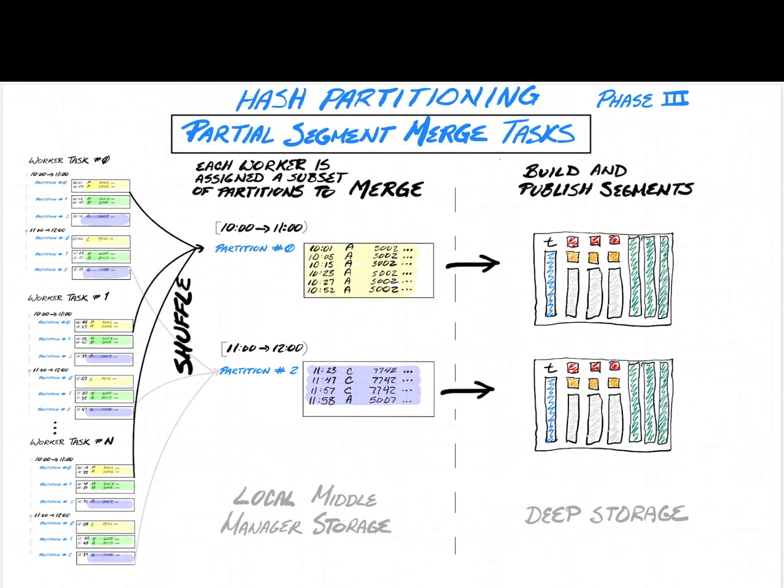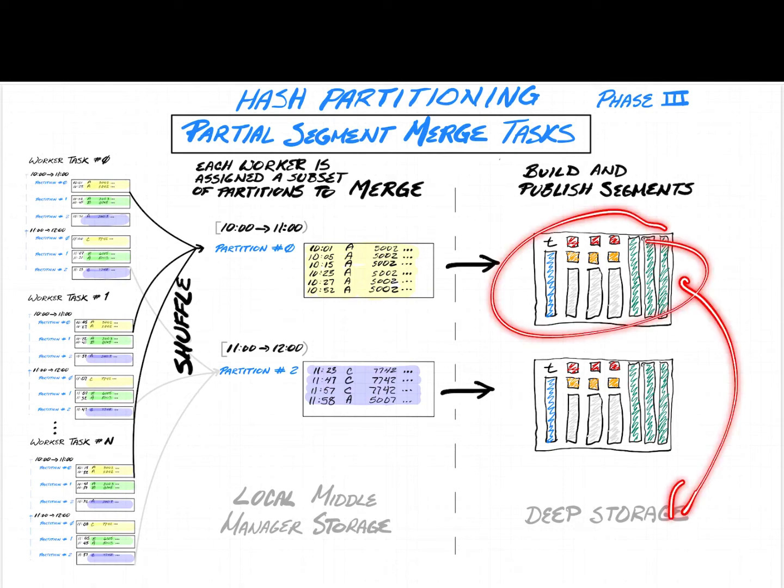Once this merge has occurred within each worker task, because the values are now all together for the same time chunk within the same dimension values, it can do final rollup and therefore finalize aggregations if you're aggregating as you're ingesting. And in the end, you have a fully separate subpartition of the data that has its final aggregations and that can be output to the segment file format and directly submitted into deep storage.